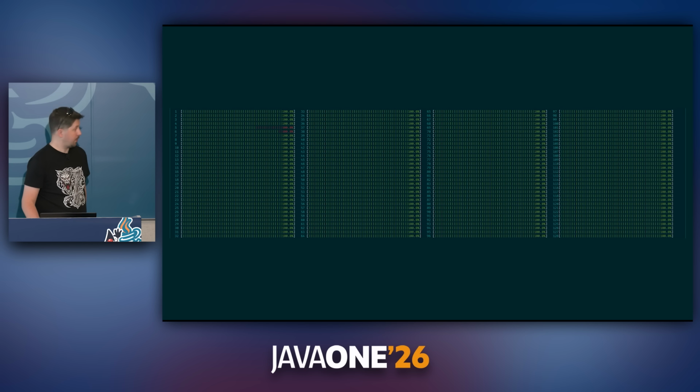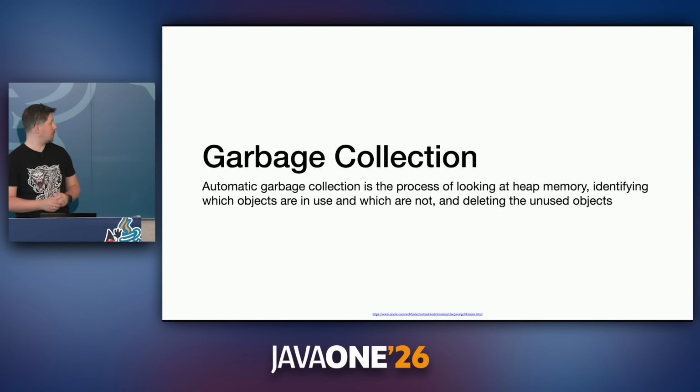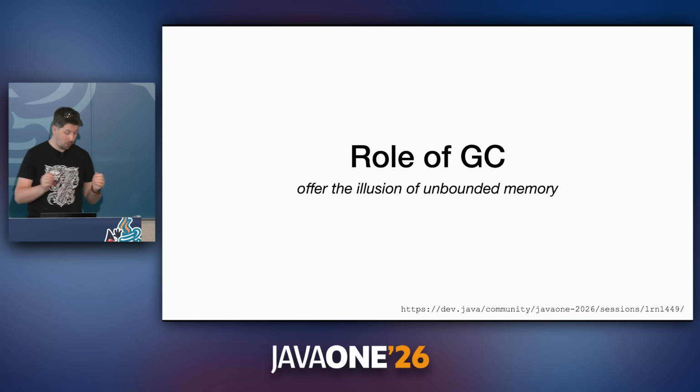So, in Java, we enjoy something called garbage collection. I think everybody knows that. And garbage collection is an absolutely amazing thing. It's basically an automated process that, quoting an earlier talk from JavaOne, offers the illusion of unbounded memory, which means it's super convenient.